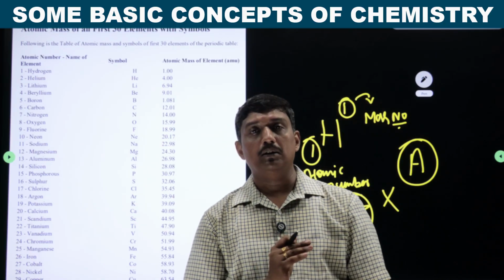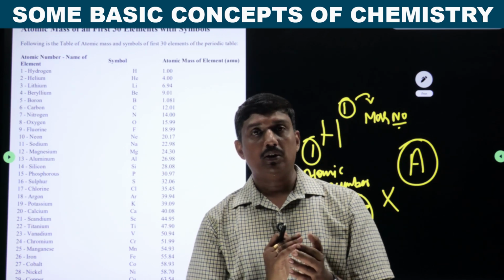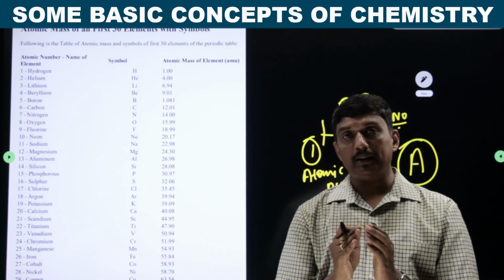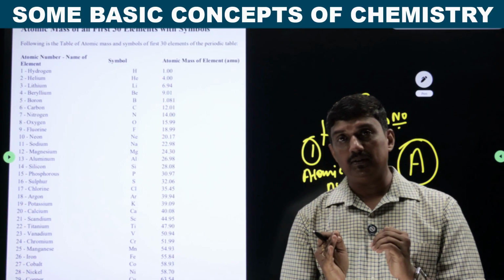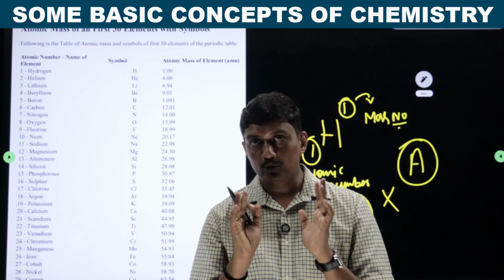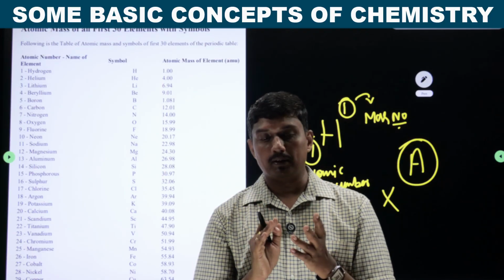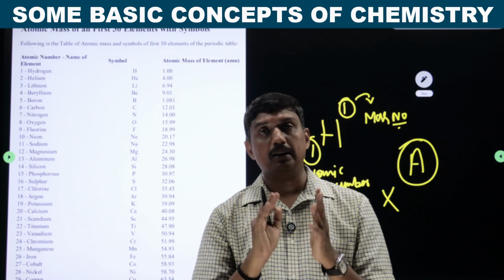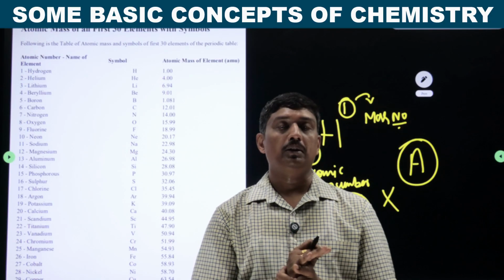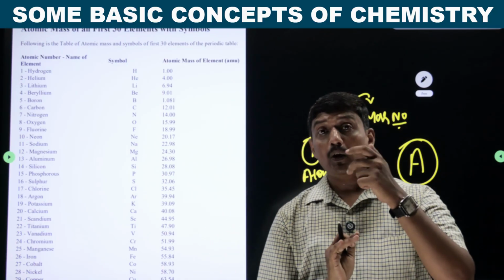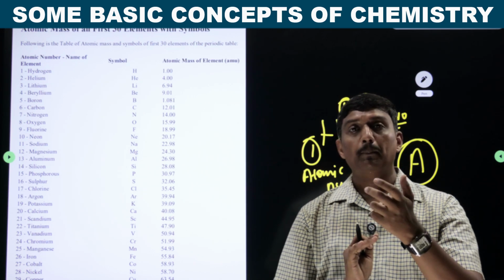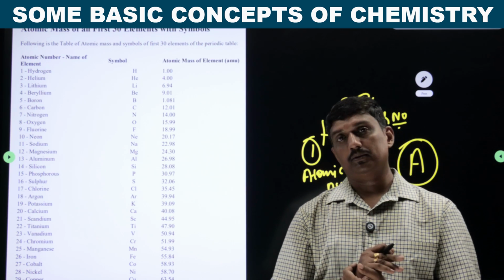Non-metals are the elements which do not show the properties of a metal. They don't show malleability and ductility, they are not good conductors of heat and electricity, and they are considered non-metals. We have another category of elements, said to be metalloids.